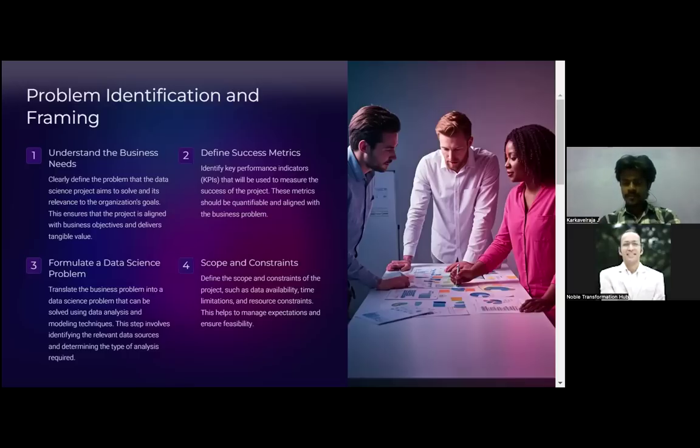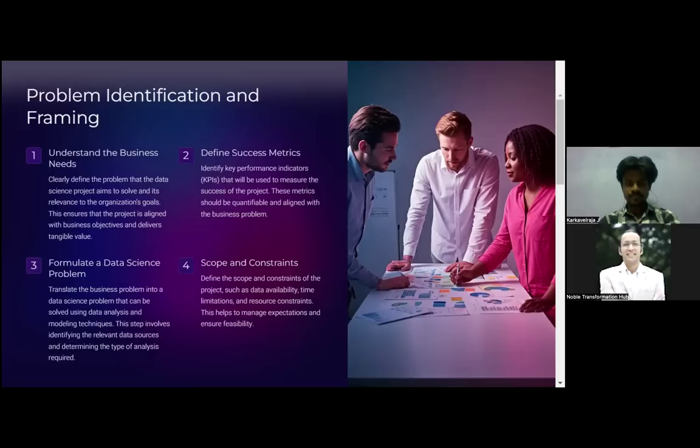And then formulate a data science problem. Translate a business problem into a data science problem. You, as a data scientist or AI/ML engineer or AI scientist, need to understand this.